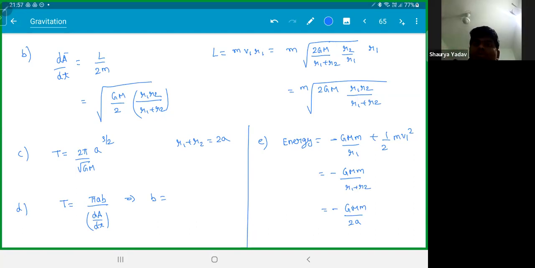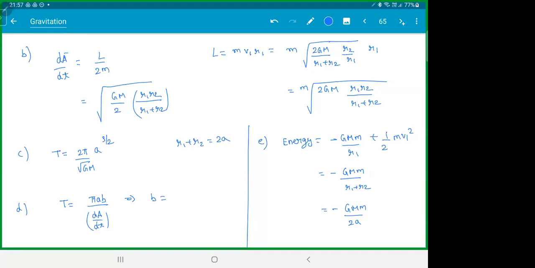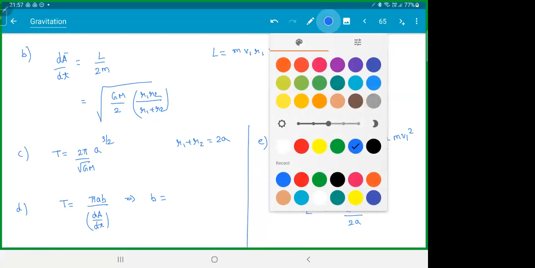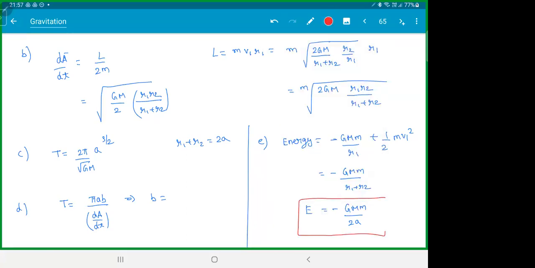So for energy, you took kinetic and potential energy separately then? Yeah, just add them up. Are you getting the steps? It all starts with the conservation of angular momentum and conservation of energy. So this result is important: energy of a satellite in elliptical orbits.